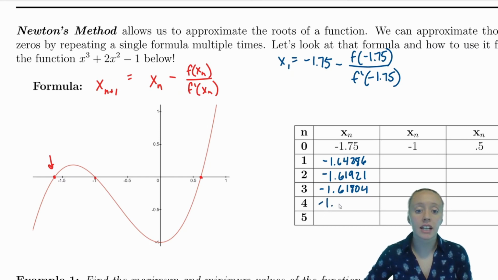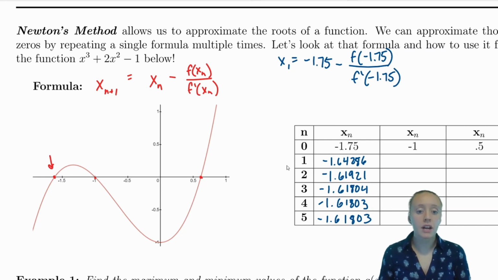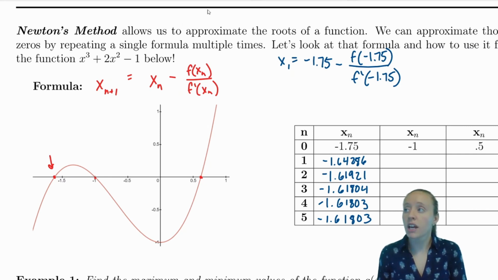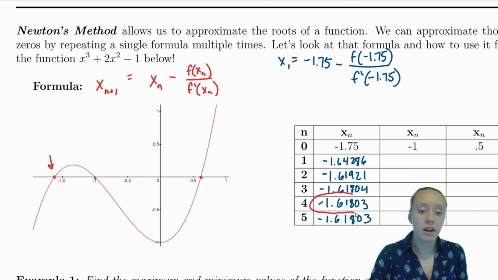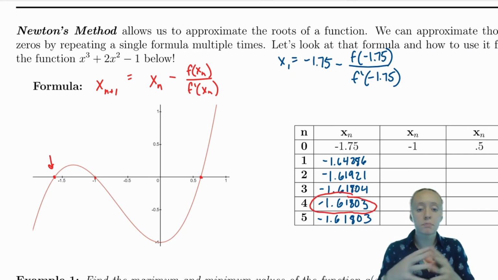Then when I got to negative 4, that's when I found my value and started repeating, that negative 1.61803. So it's safe to assume that that negative 1.61803 is the x value of my root. That was pretty close to negative 1.75.